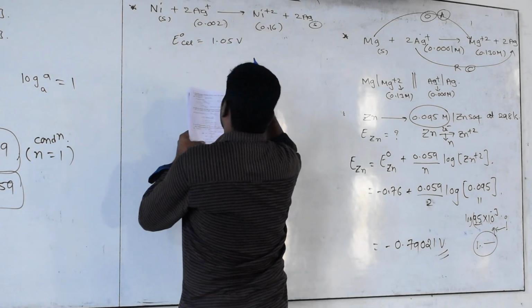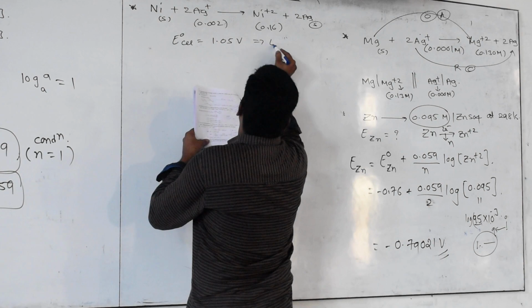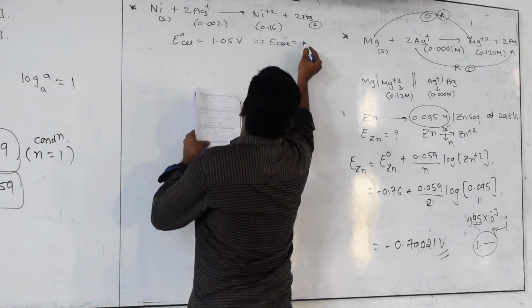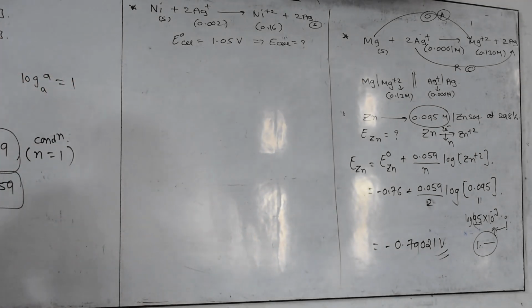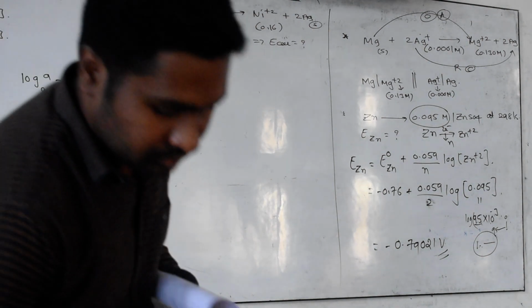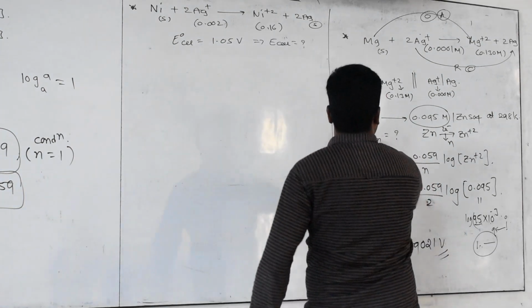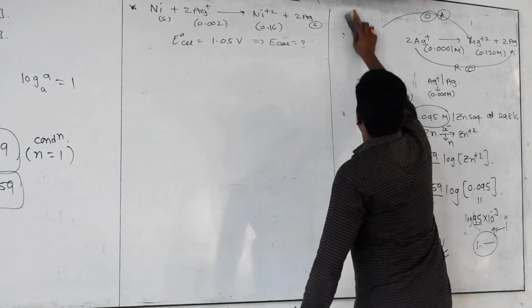But what is it asking? EMF for this cell, that is E cell, is being asked. He has given the cell reaction and corresponding concentrations, standard EMF is given, and asks for the EMF. This is a 5 marks question, very simple. Try to think it through once, otherwise I will explain.